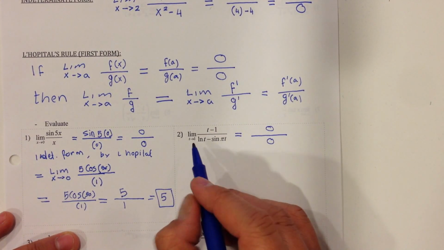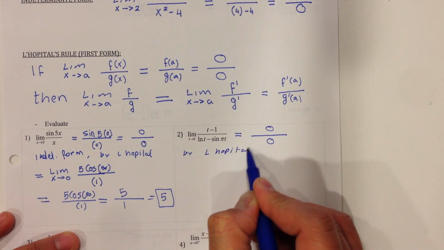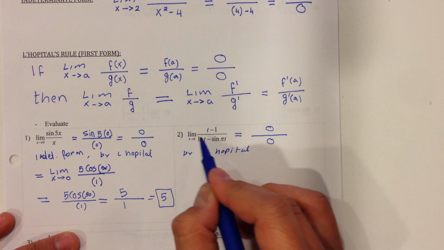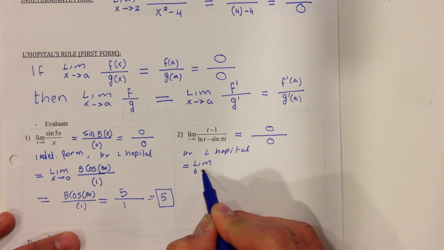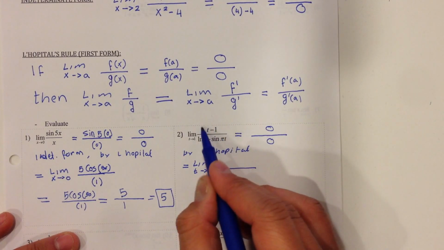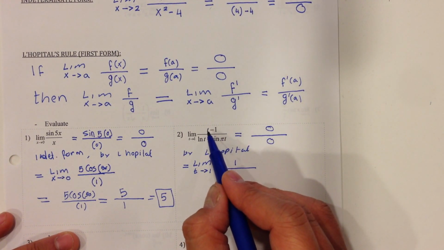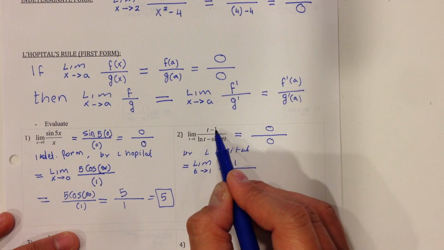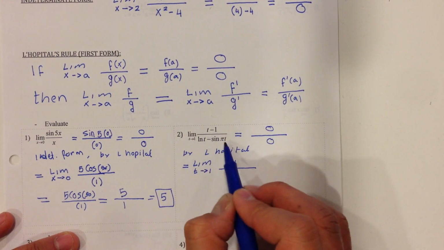So by L'Hopital, this limit is equal to the limit of the derivative of the numerator, which is 1, because the derivative of t is 1 and the derivative of 1 is 0, over the derivative of the denominator.